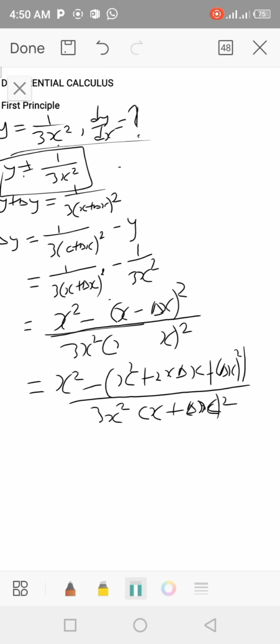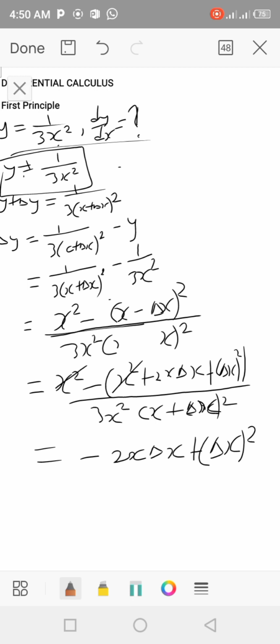And that is going to be equal to x squared cancel x squared, so we have minus 2x Δx plus (Δx) squared whole over 3x squared (x plus Δx) raised to power 2.